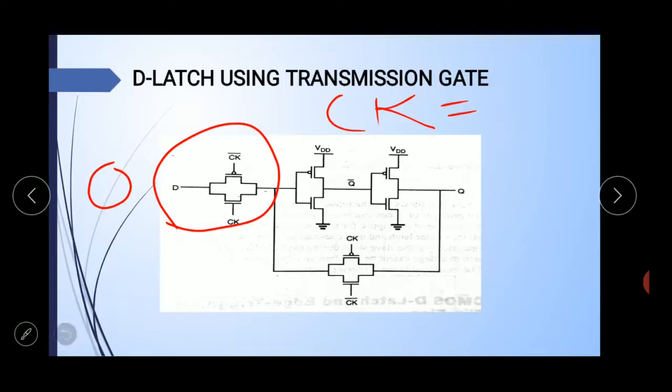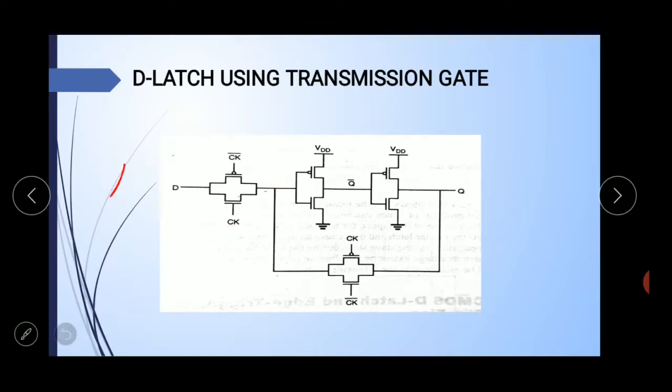And when we give 1 here and clock equal to 1, then also we get the input data. But if 0 is given here, then it provides a high impedance, means at the output we never get the input.